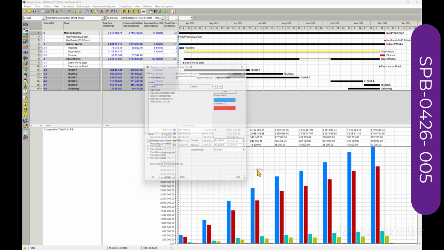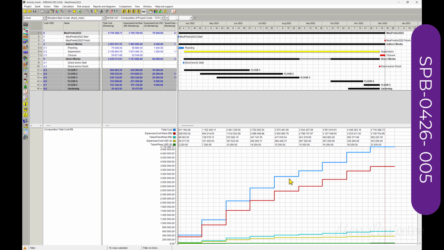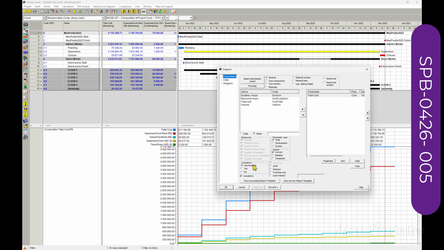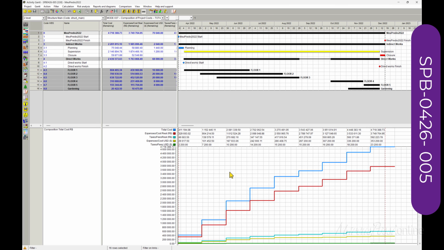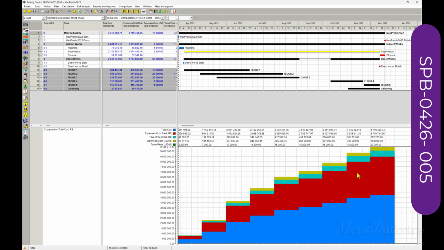I prefer columns, not histogram. You may also think about looking into stacked piles, stacked columns. To see, there's a problem here. The total cost in blue is the sum of its components.